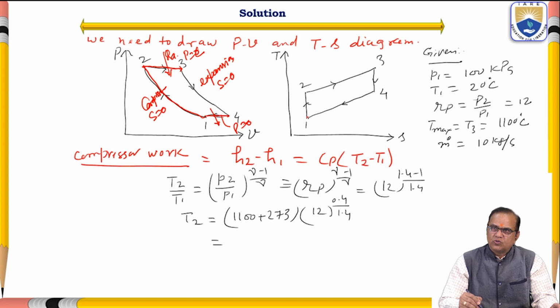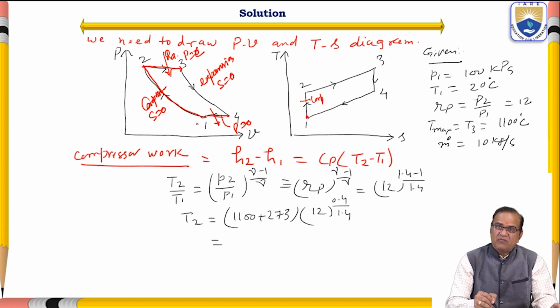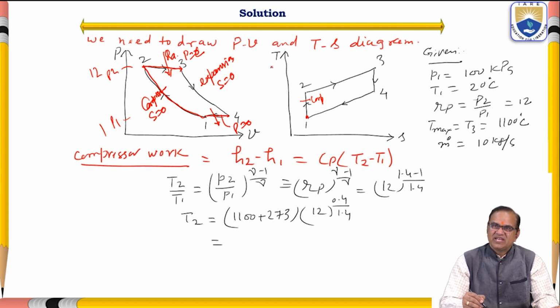So 1 to 2 is a compression, in which pressure is increased from P1 to P2. P2 by P1 is the compression ratio, given as 12 to 1.